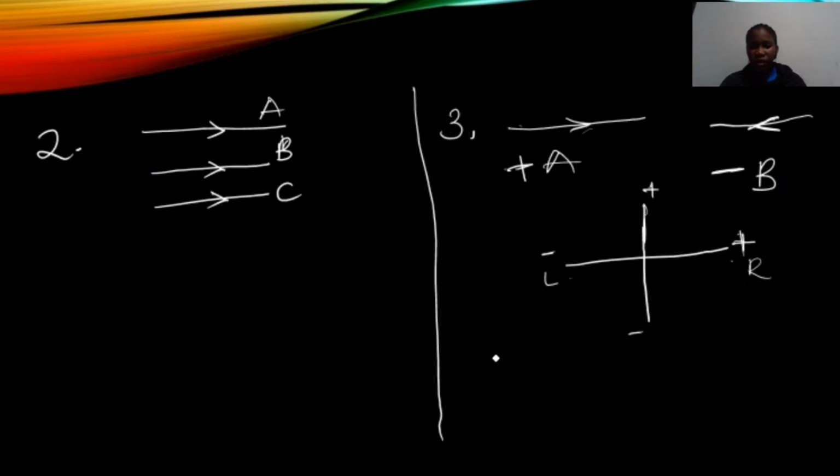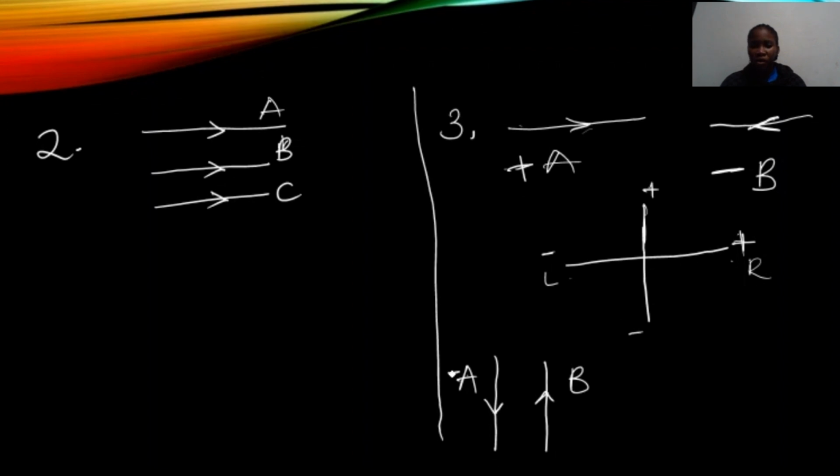Take another two vectors, one moving downwards and the other moving upwards. Let's say this is vector A, and this is vector B. Vector A is moving downwards, and with the Cartesian plane we can see that downwards is negative.